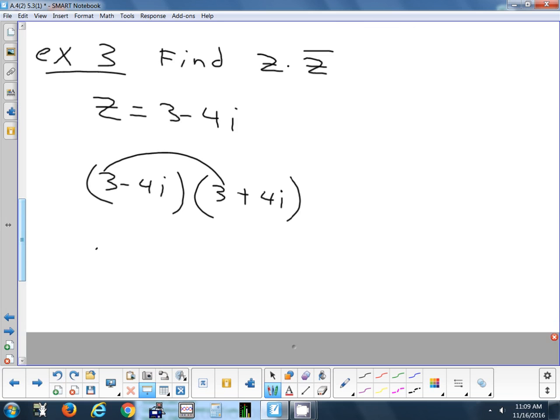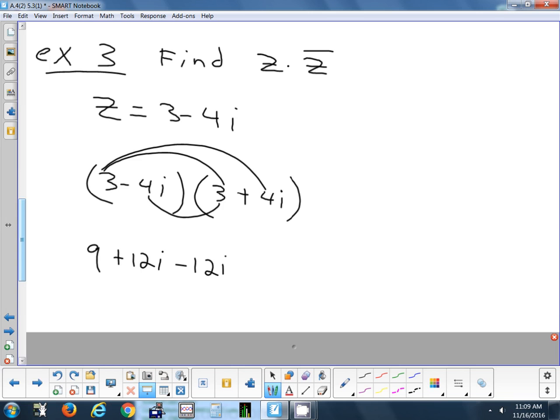You could FOIL all that out, but we're going to have problems that have conjugates in them, and it's going to save us a lot of time if you just learn that pattern. 5 squared plus 4 squared. If you don't want to learn the pattern, just FOIL it out every time and cancel what cancels.